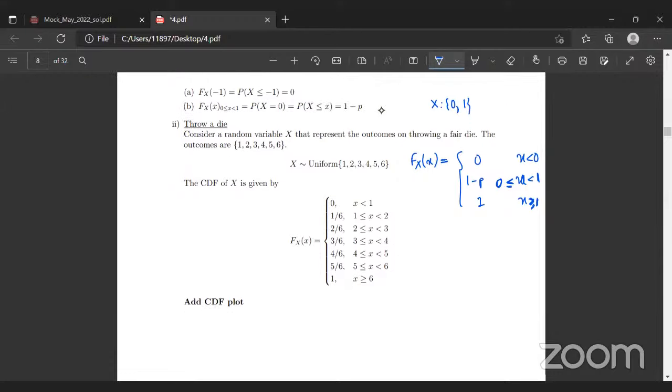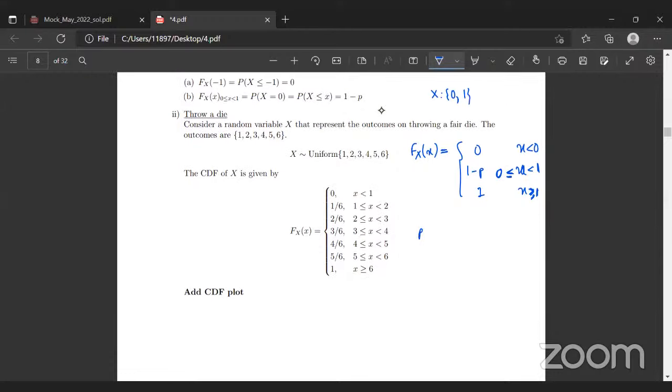Now, if we had to find F_X of 1, what will it be? You will have to add the previous probabilities also, correct? So it is probability x less than or equal to 1. And since x is taking 2 values, 0 and 1, it is going to be probability x equal to 0 plus probability x equal to 1. What is probability x equal to 0? It is 1 minus p, and this is p. So this becomes 1.